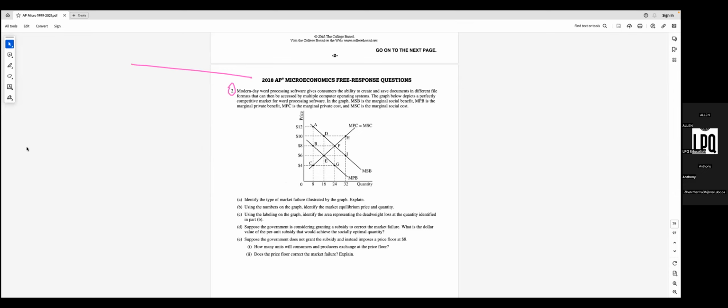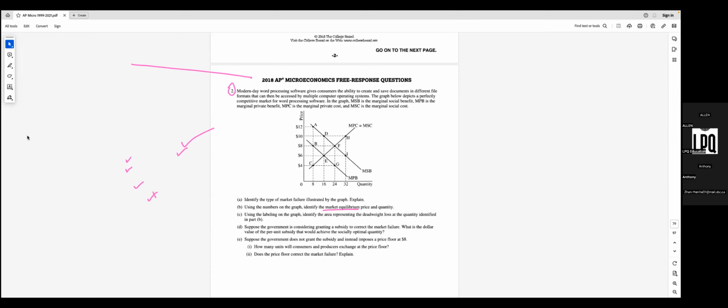Question B: using the numbers on the graph, identify the market failure price and quantity. $6, 16 units. Price of $4 for 8 units.